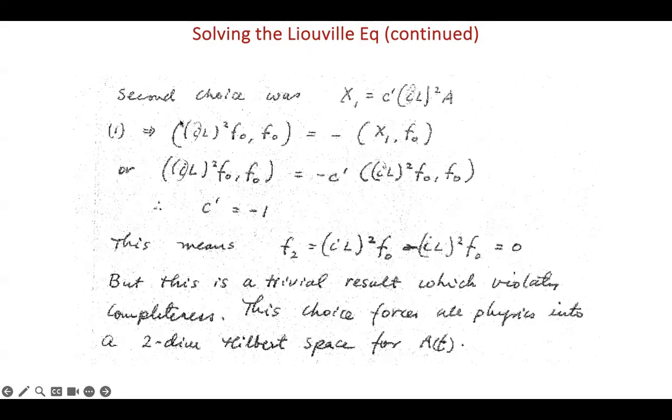Actually, there should be a C prime here, or a C prime on the other side, whatever it is. So then IL whole square F0 is equal to minus C prime IL whole square F0 comma F0. And that requires C prime to be 1, minus 1.